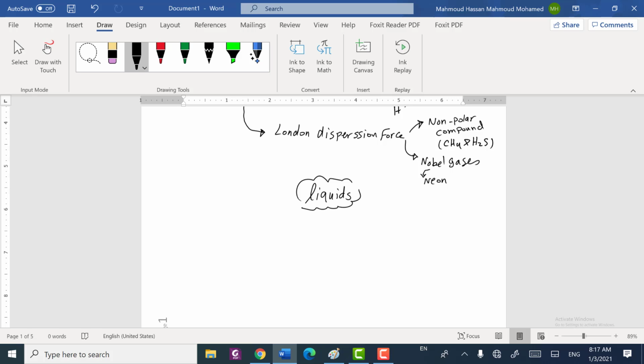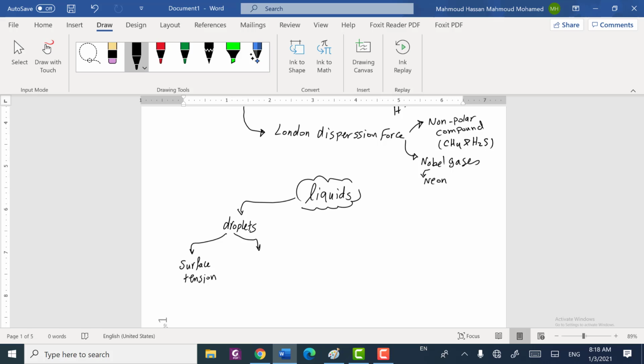Firstly, let's talk about the droplets of liquid. The droplets are characterized by surface tension and the attraction between the molecules to form drops of liquid.